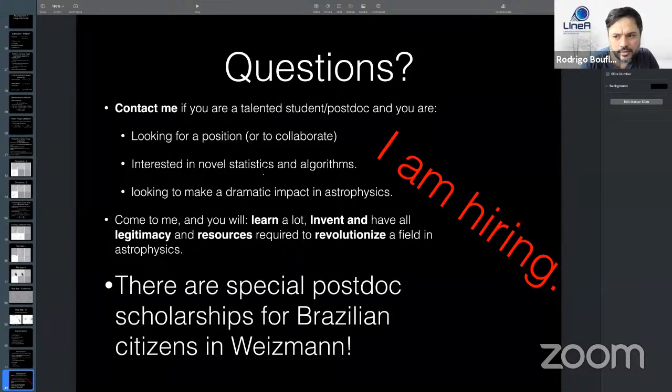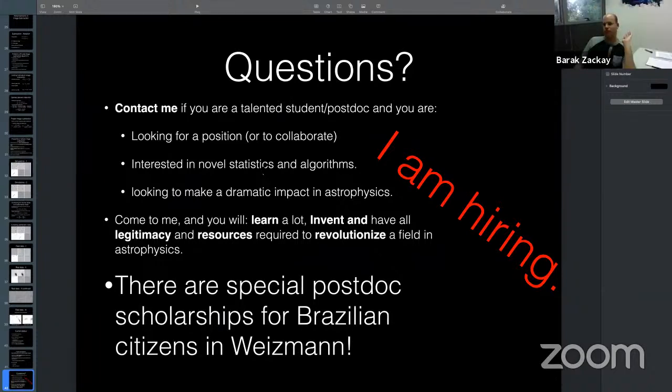If you're using an image from another survey, you will have another PSF. Wouldn't it break the math behind the algorithm? No, the algorithm, you just need to know the PSF, okay? It's not required that the PSF would look good. So you can even take different speckled PSFs and it would work.